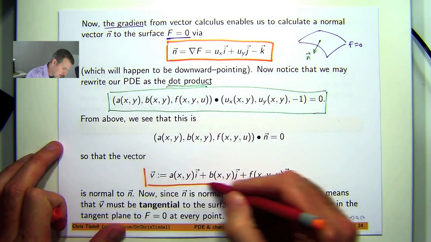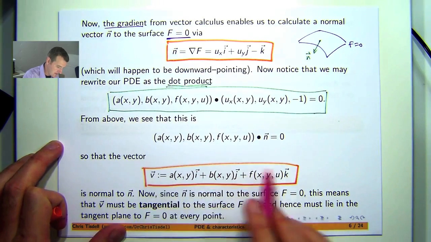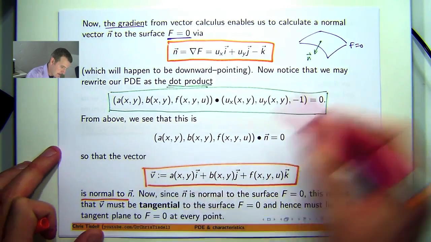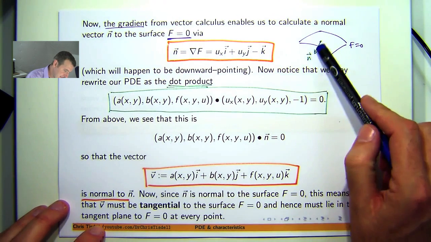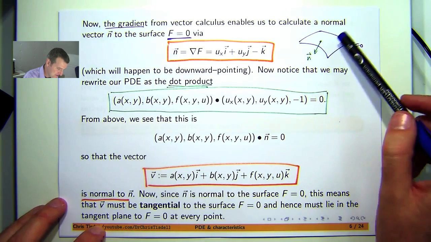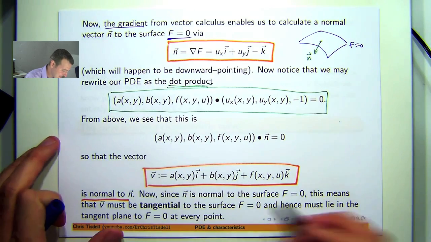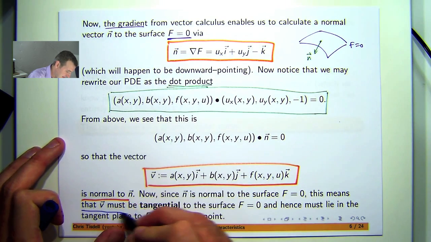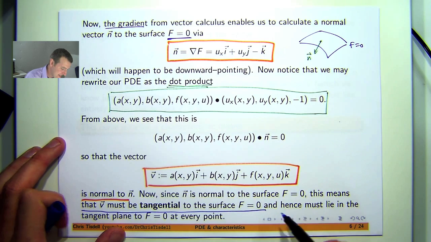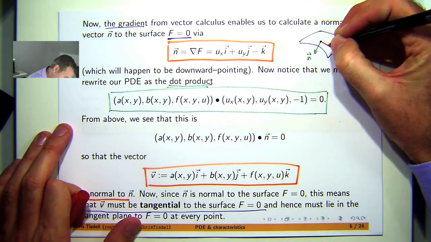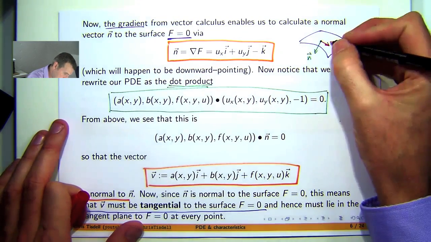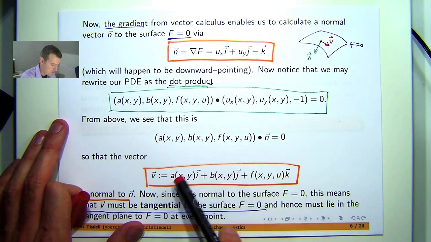It means that if I define V to be this vector here, this vector and this vector are normal or perpendicular. Now, since this vector here is normal to the surface, what it means is that this vector here must be tangential, must lie in the tangent plane to this surface. Okay, so you've got this vector here, say, this is our vector V in this case, involving essentially these coefficients and this F.